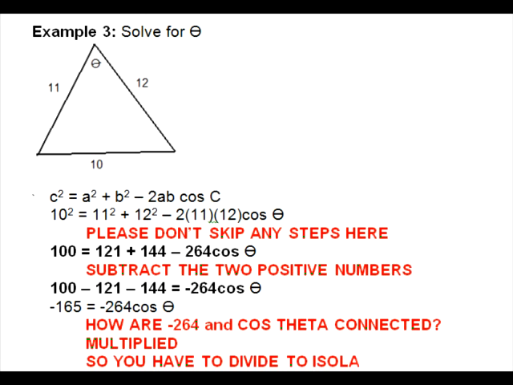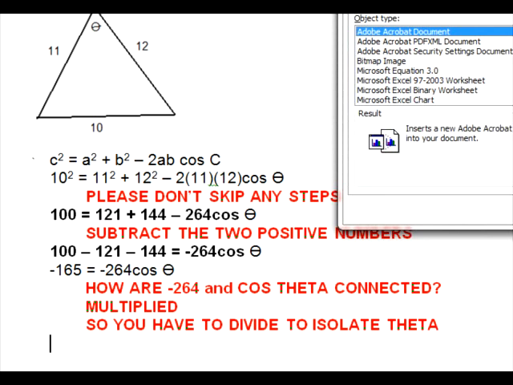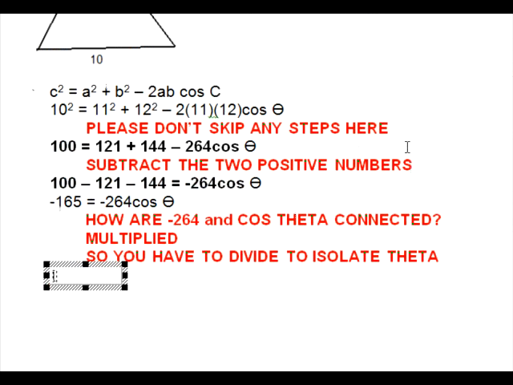to isolate theta. So what I'm going to do is do my brackets like this, if you don't mind. I'll do a fraction. It's going to take a little slower here though. Bear with me here.